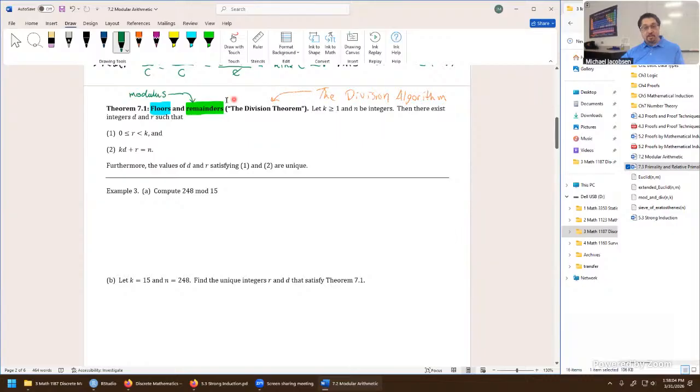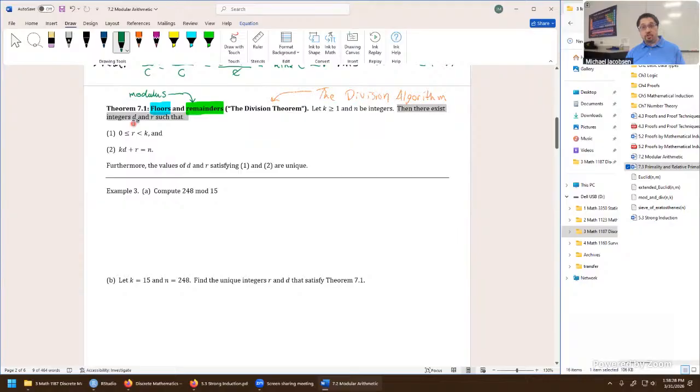So the floor function, the modulus function from all the way back in chapter 2 makes a comeback here. It says start with a value k that's an integer greater than or equal to 1, and n is an arbitrary integer, either positive or negative. If you have any two integers that follow this format, only requirement k is greater than or equal to 1, there's an existence part.